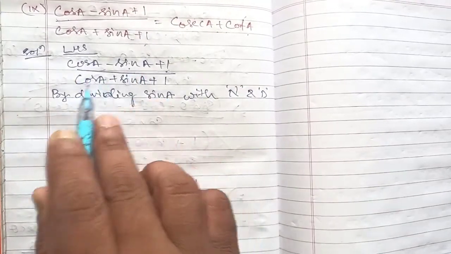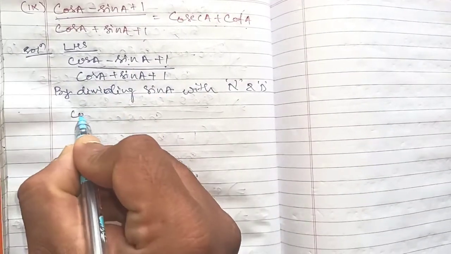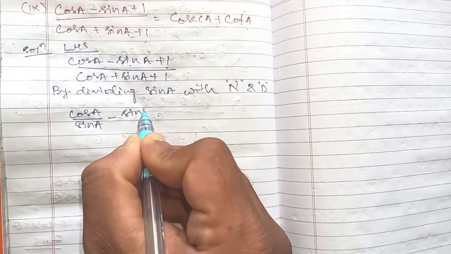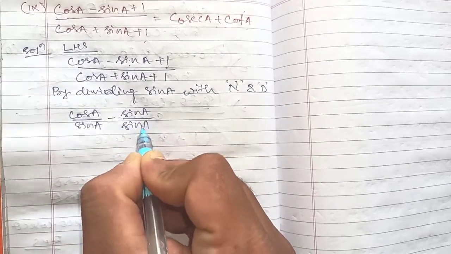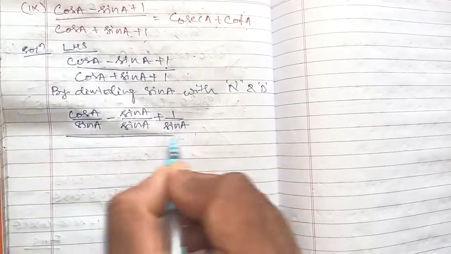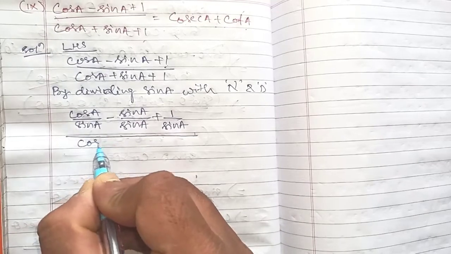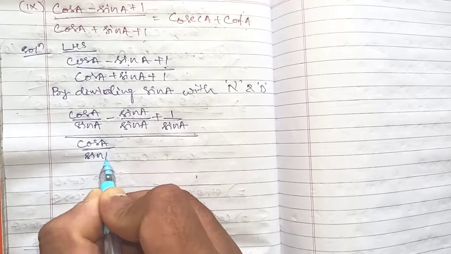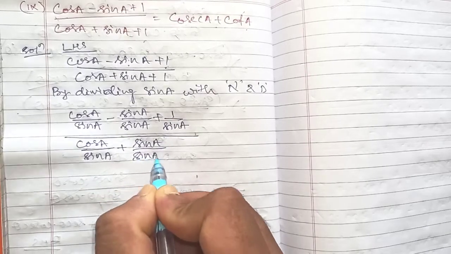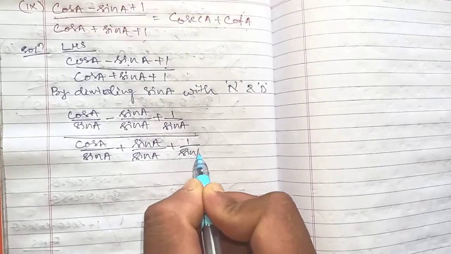Okay, with numerator and denominator we have cos a by sin a minus sin a by sin a. We are dividing all the terms, 1 by sin a, divided by cos a by sin a plus sin a by sin a plus 1 by sin a.